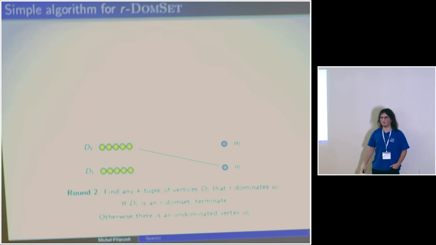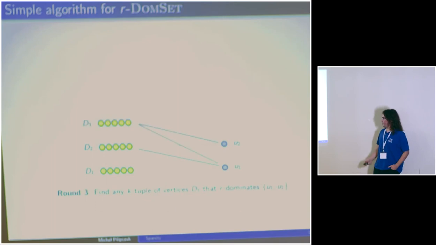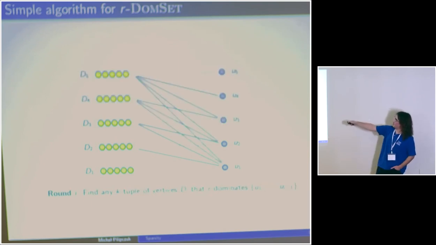Yes? Okay. So now let me be a little bit smarter and find D3 that at least dominates those two vertices that I have already found. Yes? And so on and so on. So every time I'm finding a dominating set that dominates all the vertices ui that I have found. So let me give you precisely, formally, the next round. In round i, I try to find a k-tuple of vertices that r-dominates those vertices that I have found. Yes?